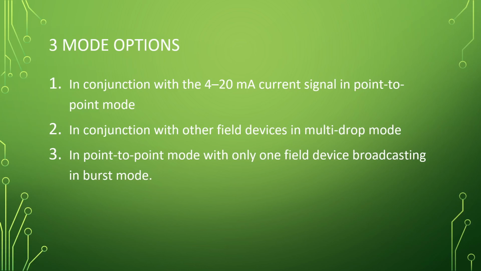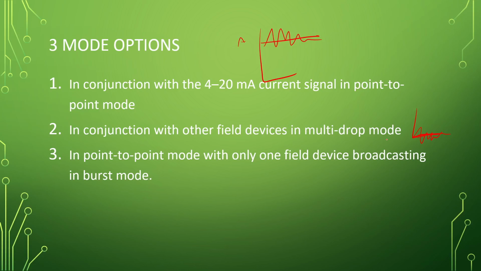Okay. So on that last one, the analog output is set to a constant 4 milliamps and only communicates digitally. So this first one would be whatever the analog signal value is, and then we're pulsing on top of it. The second one, you would have no analog signal, and then you would just be communicating.